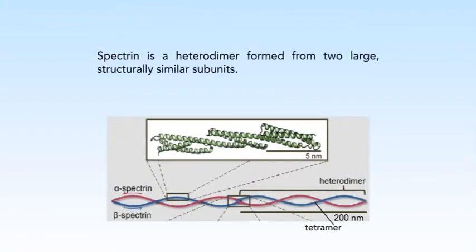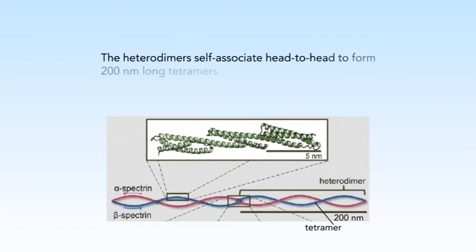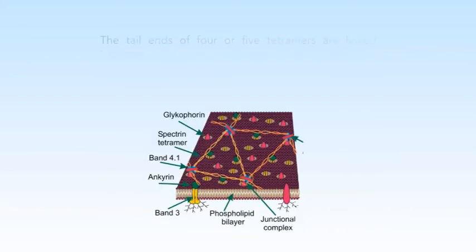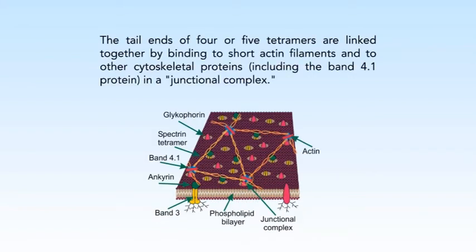Spectrin is a heterodimer formed from 2 large, structurally similar subunits. The heterodimers self-associate head-to-head to form 200 nanometer long tetramers. The tail ends of 4 or 5 tetramers are linked together by binding to short actin filaments and to other cytoskeletal proteins, including the band 4.1 protein, in what we call a junctional complex.